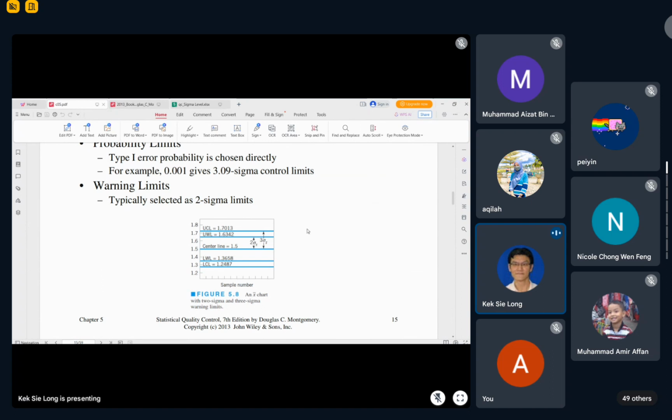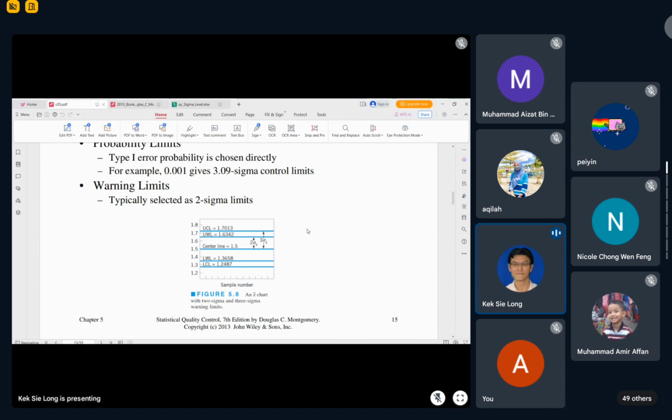If we can see from the control chart that there are many points located around the warning limit, say many points around 1.6342, or so many points around 1.3658, so these are the 2 control limits for the warning limit. If this pattern happens, then we have to be alert that something might happen. It's better we take action rather than wait until something has already happened in the process.